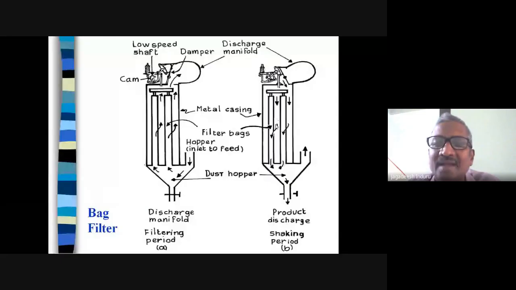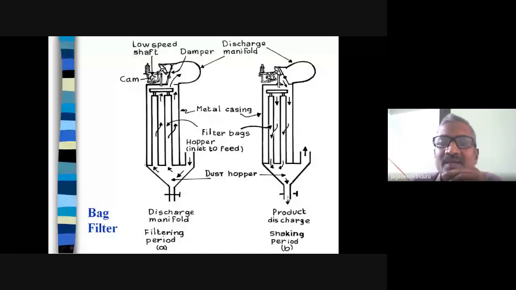In this case, if you see at the bottom, the discharge valve is opened. Previously, it was closed, and nothing went to the bottom output. The discharge manifold was closed, so in the shaking period it is opened. You open the valve here, and all the powder which accumulated in the bag falls down.